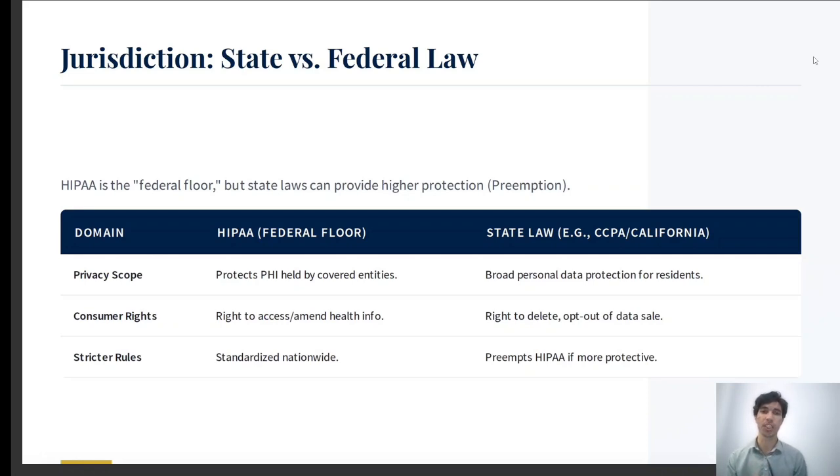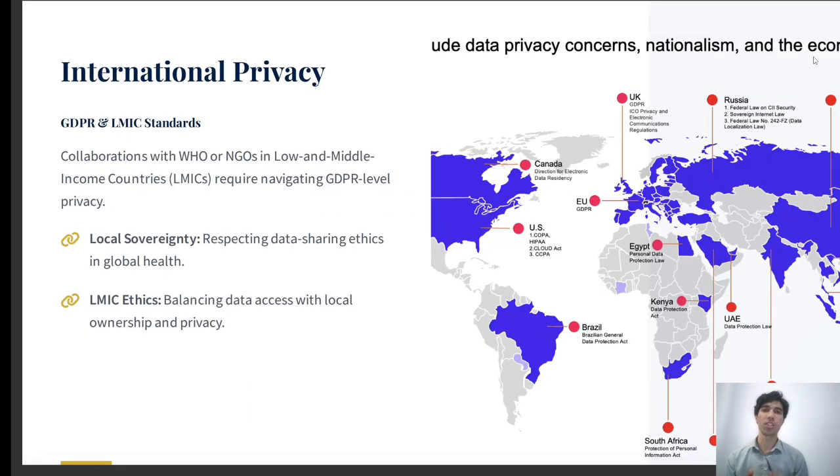So we need to take that into consideration. If our project is in California or some other state that has stricter laws, we need to comply with those laws as well. Then beyond the USA, there are also different laws internationally, like the GDPR, which is a stricter law than in the US. And then there are also LMIC standards, for low and middle income countries. Collaborations with the World Health Organization or any NGOs in low and middle income countries will require navigating GDPR level privacy.